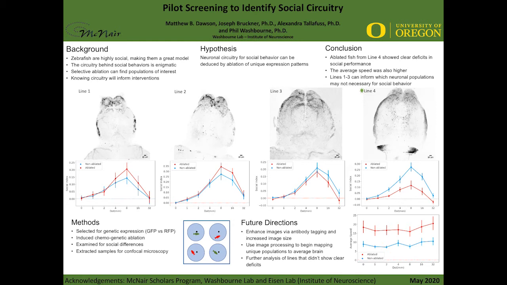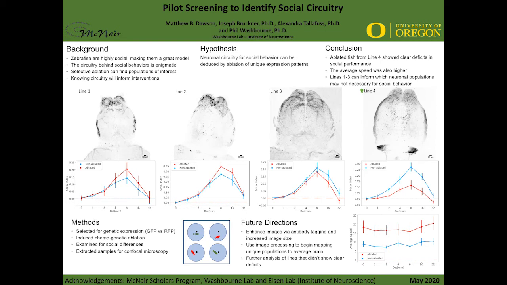And what was found was that lines 1 through 3, although they were not clearly exhibiting social differences, these expression patterns can still be beneficial in describing and recognizing expression patterns that are not necessary for social behavior. But I did find one, line 4, where ablated fish showed clear deficits in social performance. And additionally, the average speed was also higher than non-ablated fish from line 4.